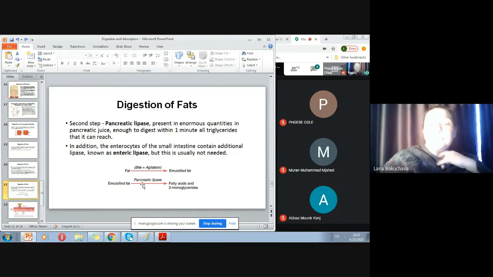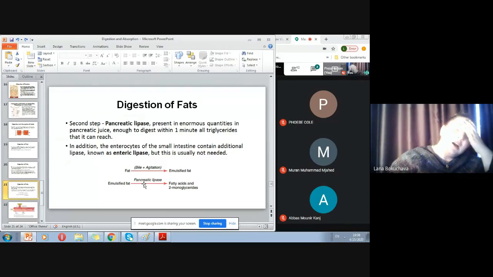Mostly because you know that most of the types of fats entering through the food are mainly represented by the triglycerides, which you know very well are composed of the glycerol molecule and 3 fatty acids, that's why triglyceride.